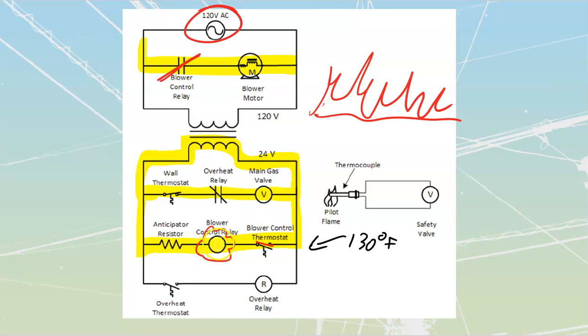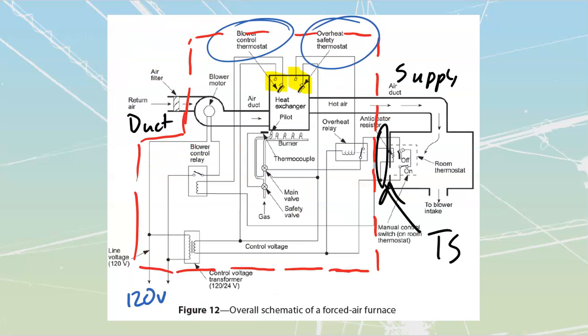I see that I've got current running through here, and I see that there's a little bit of current running through what is referred to as the anticipator resistor. The anticipator resistor, if we look at it on the actual drawing over here, let me just erase a few things, exists over here at the actual thermostat area. And what the anticipator resistor is designed to do is prevent temperature overshoot.